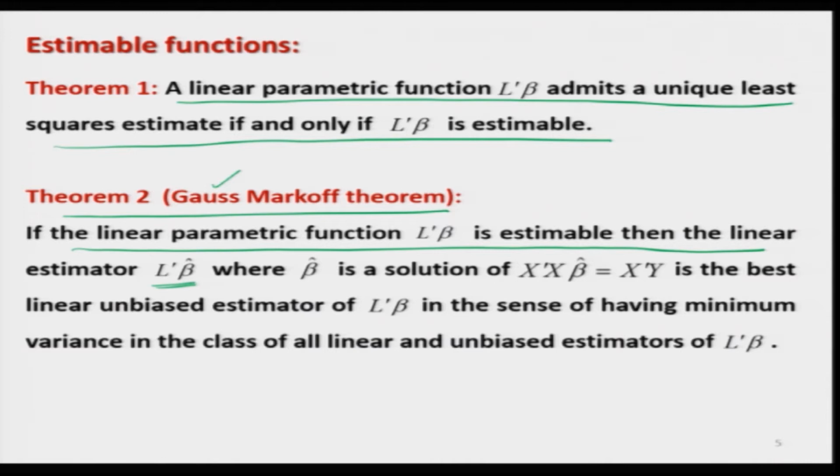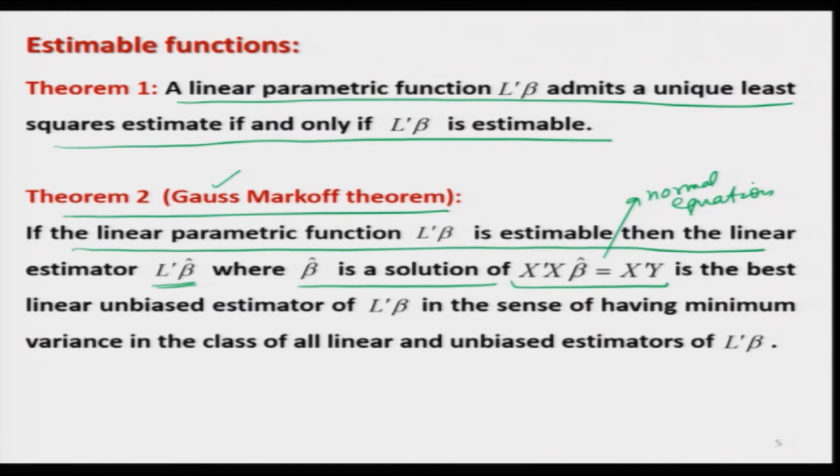where beta hat is an estimator of beta, and this beta hat is a solution of the normal equation X transpose X beta hat is equal to X transpose y. Do you remember this? This was your normal equation when you were trying to find the ordinary least square estimator.